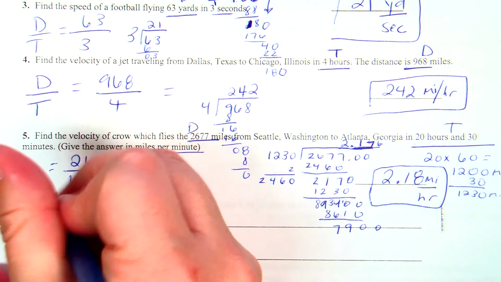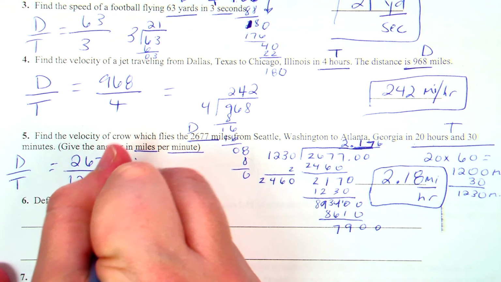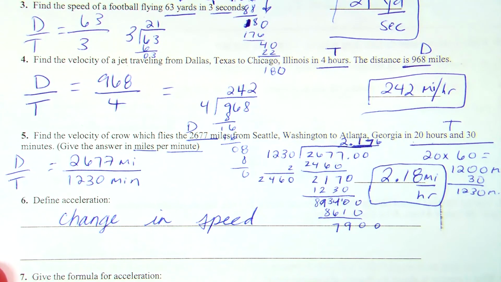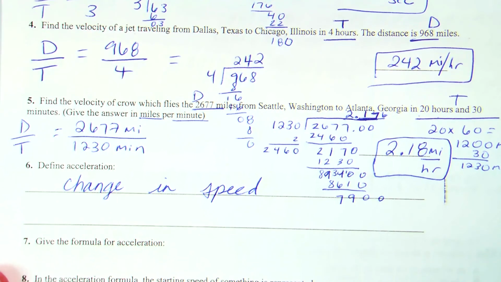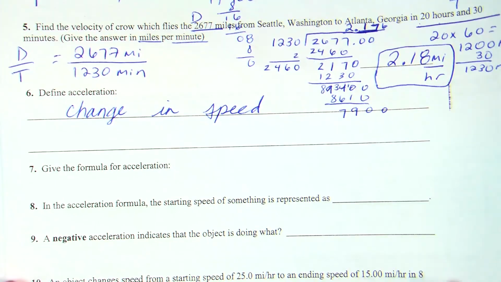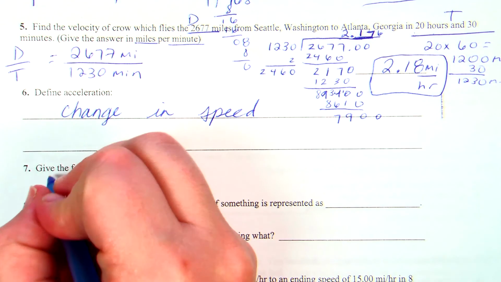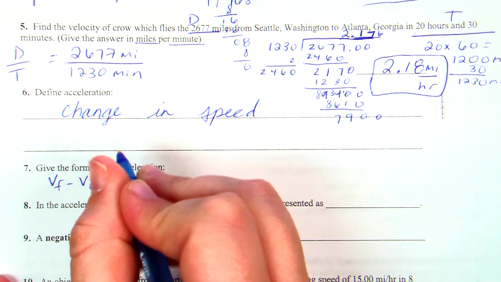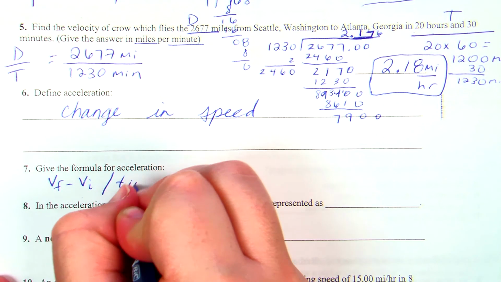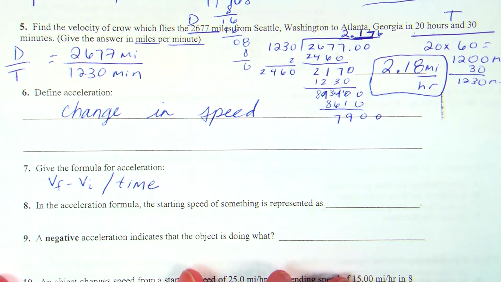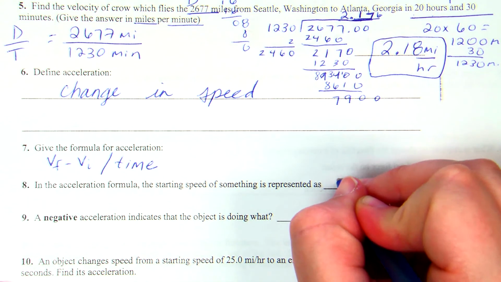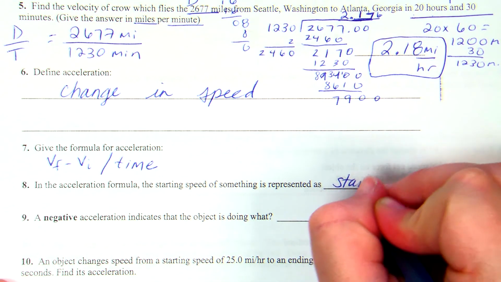Define acceleration. That is a change in speed. The formula for acceleration, in the acceleration formula, the starting speed of something is represented as, you could say starting velocity, or you could also say initial velocity.